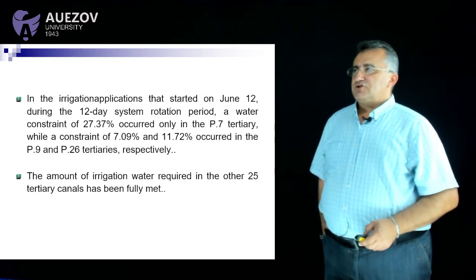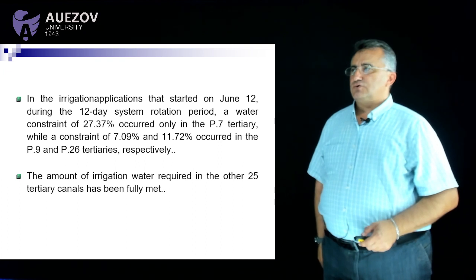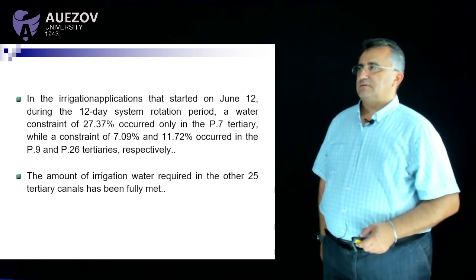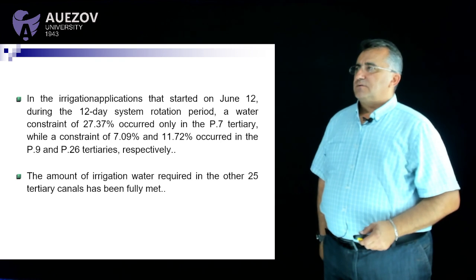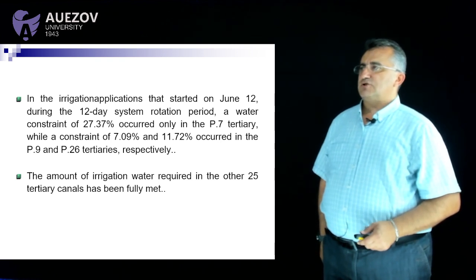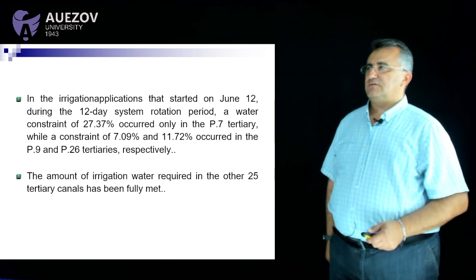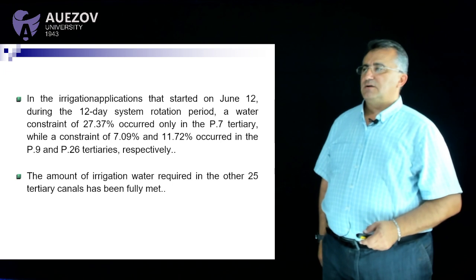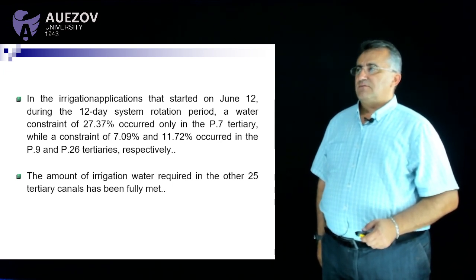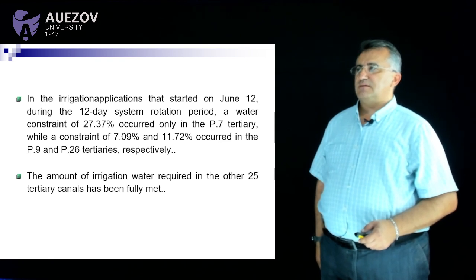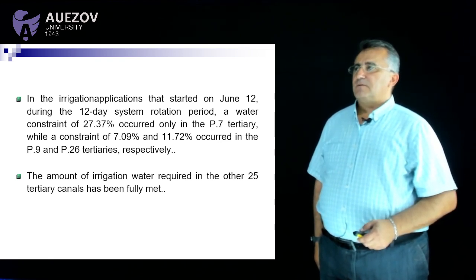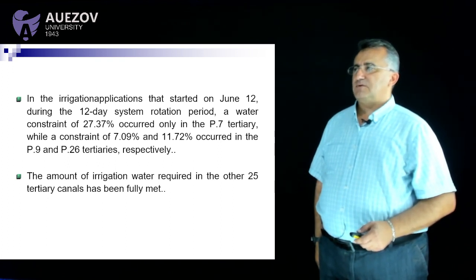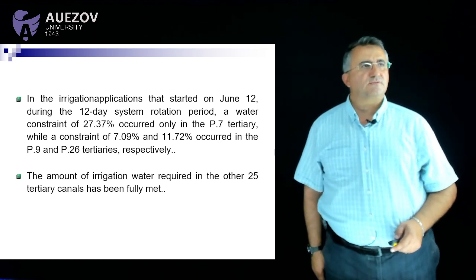In the irrigation applications that started on June 12, during the 12-day system rotation period, a water constraint of 27.37% occurred only in the P7 tertiary, while a constraint of 7.09% and 11.72% occurred in the P9 and P26 tertiaries, respectively.